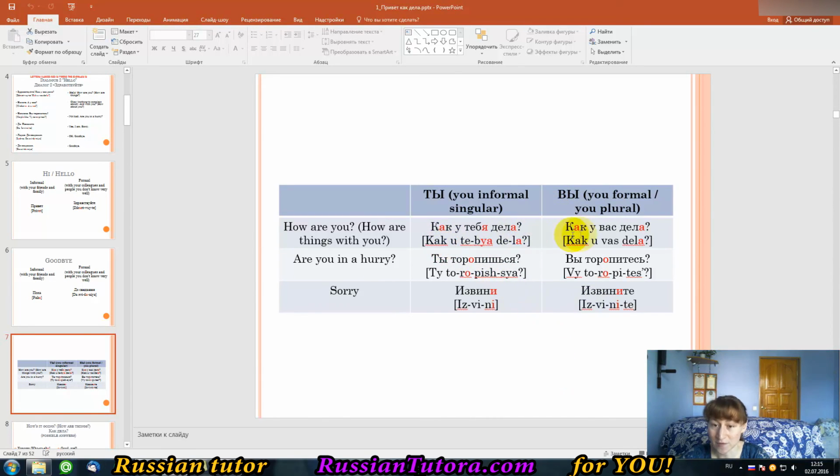Let's review some of the phrases from the dialogues that differ in the level of formality. Как у тебя дела? The informal, how are you?